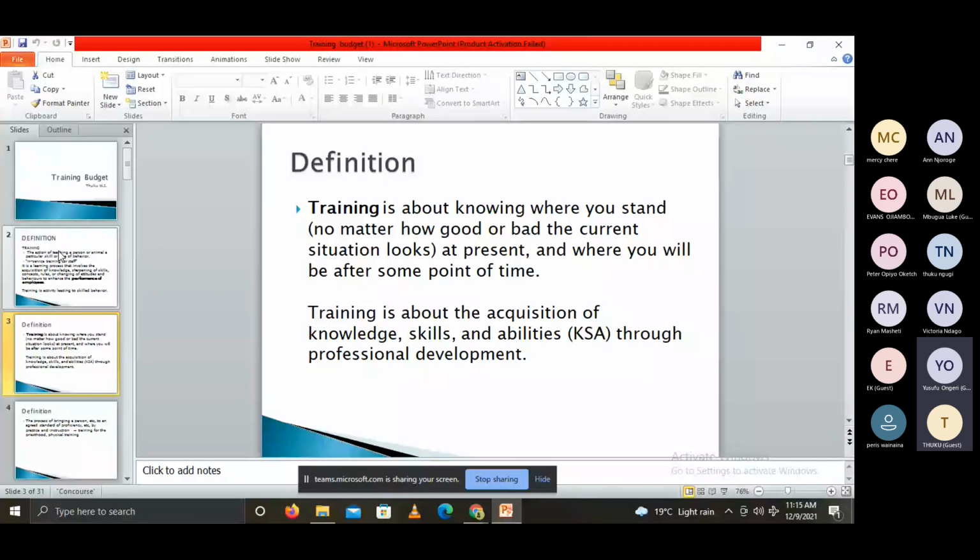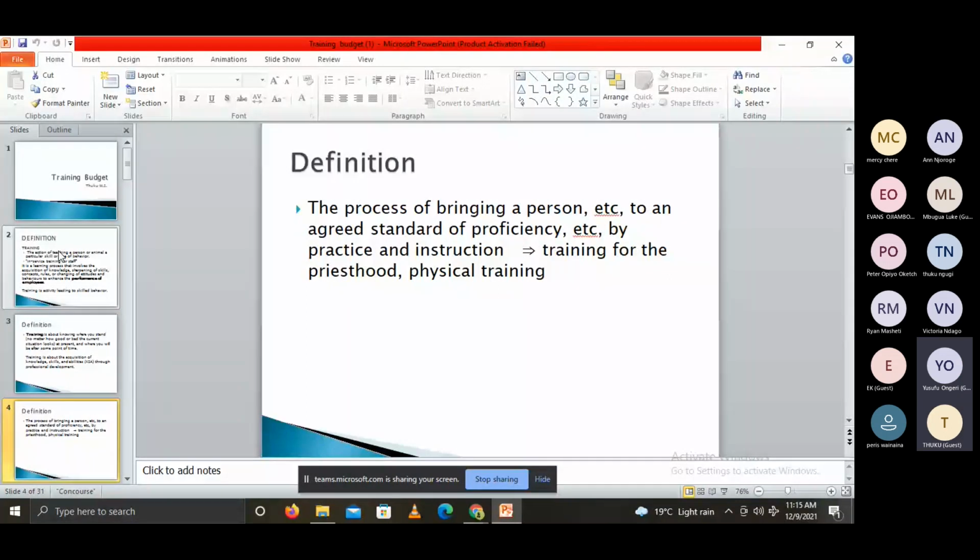Somebody must have taken you through that. It's the process of bringing a person to an agreed standard of proficiency, by practice and instructions. Like when you talk about training for the priesthood, physical training.